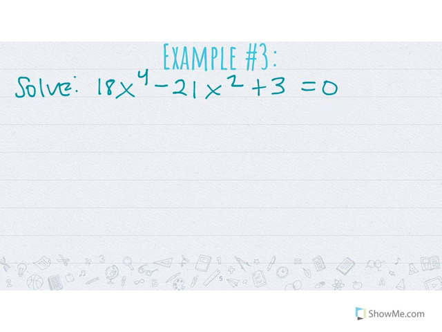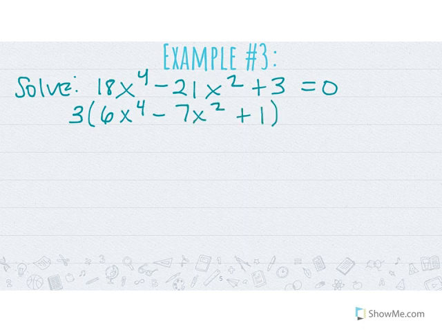The very first thing when you're factoring, you are going to determine a GCF. So I do see I have a 3 here as my GCF. They do not all have x's, so I'm going to factor out my GCF of 3, leaving me with 6x to the fourth power minus 7x to the second power plus 1, still equal to 0.